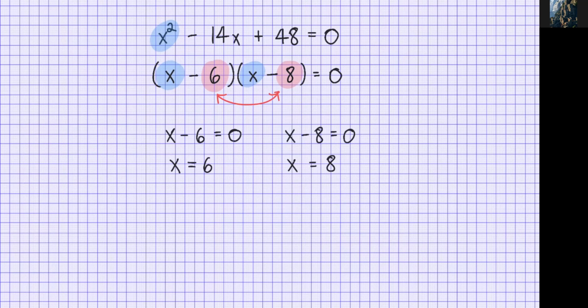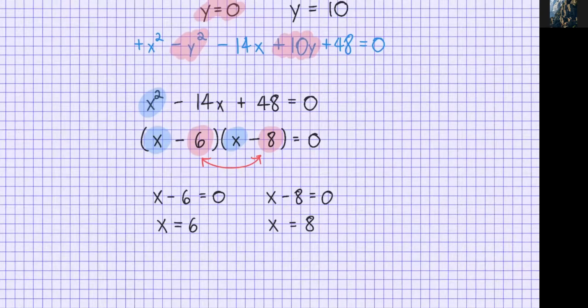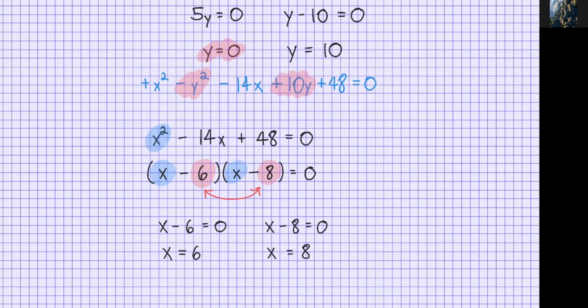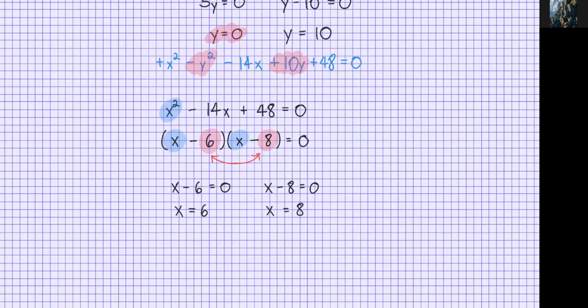So in this system of equations, if you see, I have 4 points and I already have the coordinates. I have the values for the x coordinates and the values for the y coordinates. So it's just a matter of combining them.